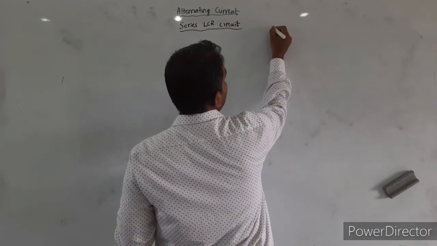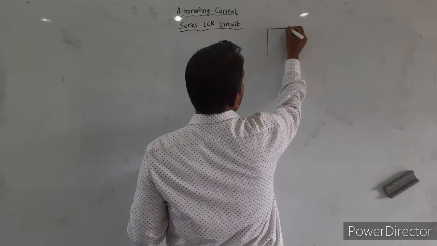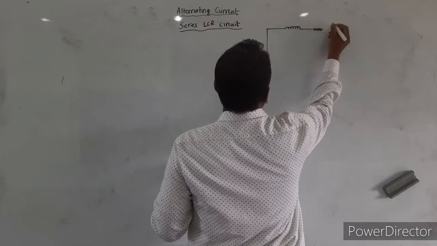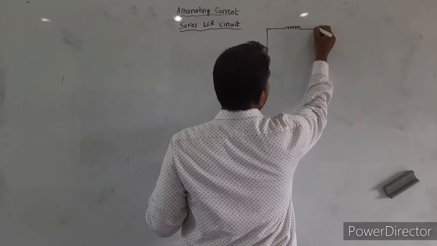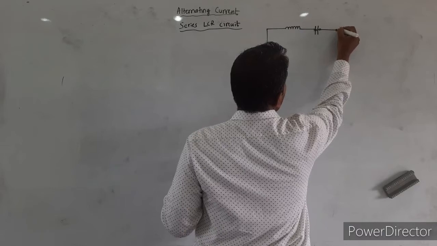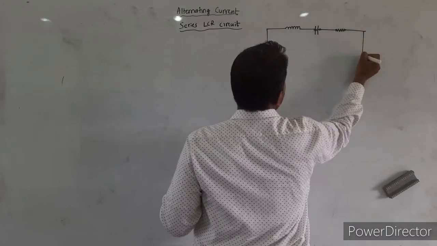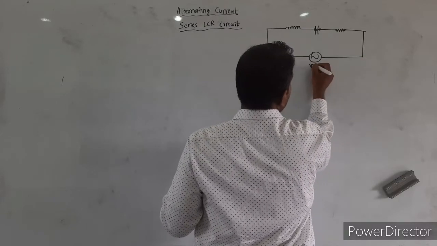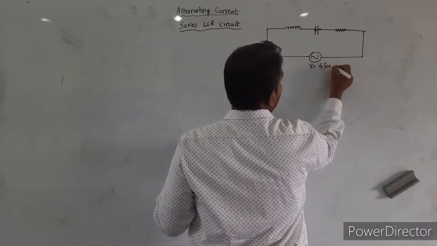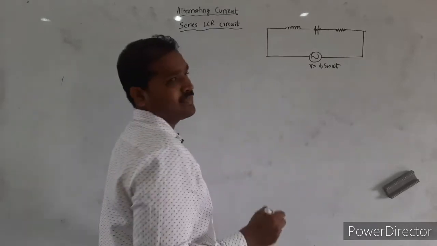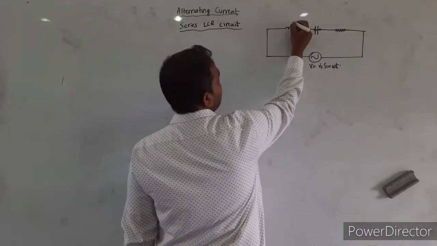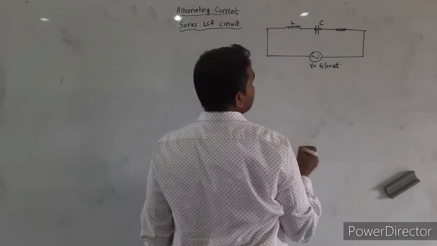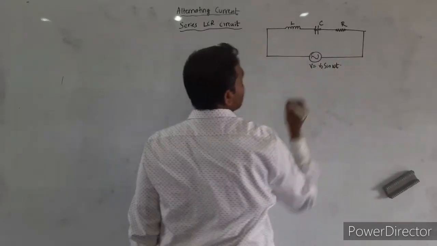So for that, let us consider an inductor, a capacitor and a resistor which are connected in series across the alternating voltage V is equal to V naught sin omega t. Let L be the inductance of the inductor, C the capacitance of the capacitor, and R the resistance of the resistor.